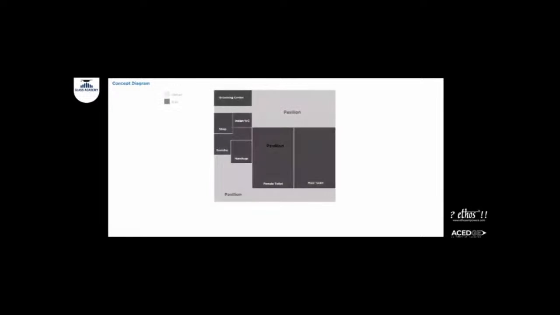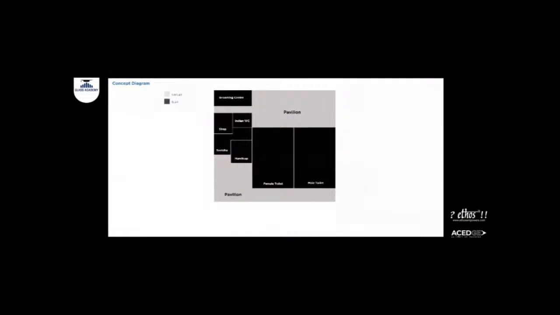So for the paused restrooms, conceptually, it was like a big pavilion, and here the idea was more of a toilet which was centrally located, and the pavilion would allow verandas on the periphery so that people can navigate. Yeah, and that's the diagram.